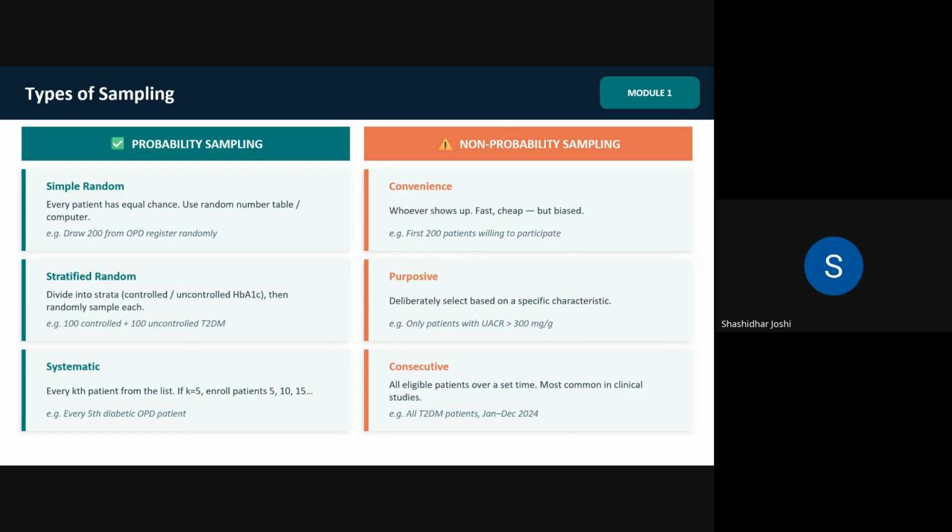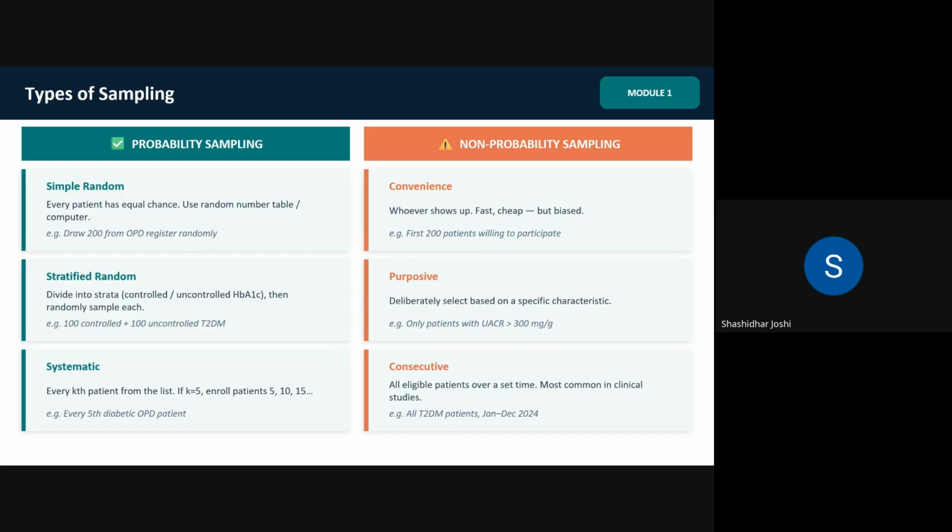And then we have another sampling method called stratified random sampling. That is nothing but dividing into strata. For example, do we have controlled HbA1c, uncontrolled HbA1c? Do you want to see that as a factor in your sampling? Then randomly select a sample for each category. So basically it's dividing into two strata.